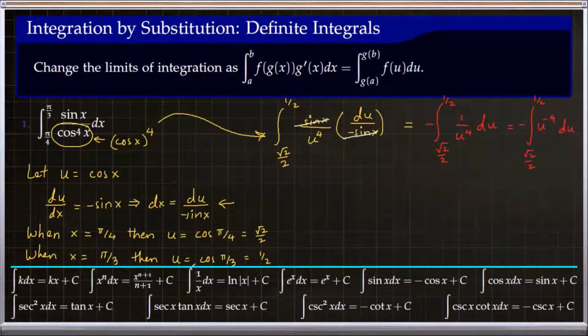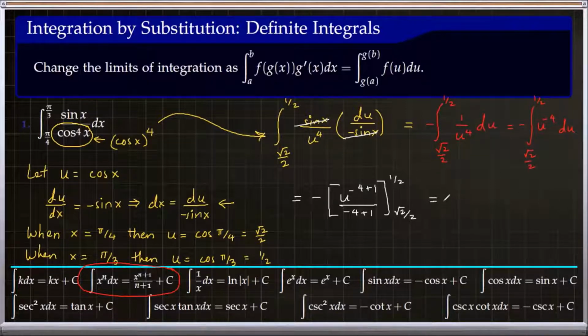Okay, now we are ready to do the integral because we can simply apply this formula, the formula for x to the n with n equals negative 4. I'm going to write that over here. So we have negative u to the negative 4 plus 1 over negative 4 plus 1, and we are evaluating this from square root of 2 over 2 to 1/2.